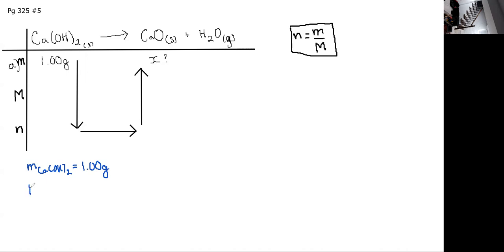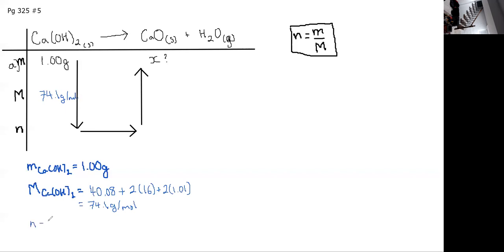The molar mass of Ca(OH)2 is going to be, let's see, 1 calcium with 2 oxygens with 2 hydrogens. That's going to be 74.1 grams per mole. So I'm going to put that in there, 74.1 grams per mole.